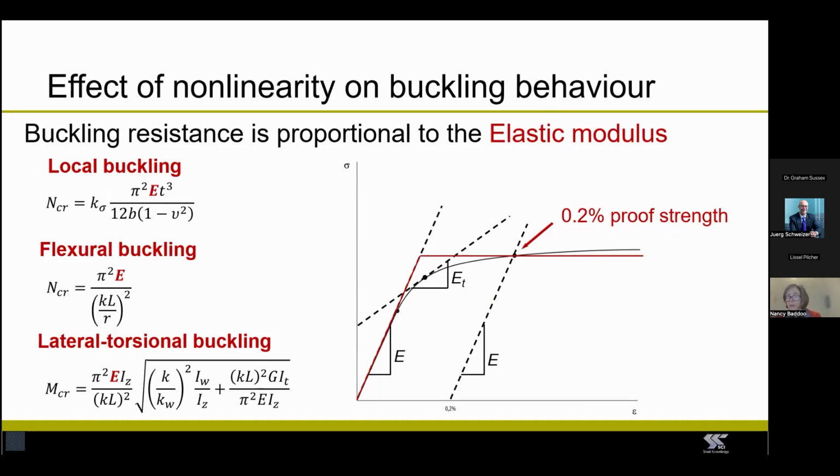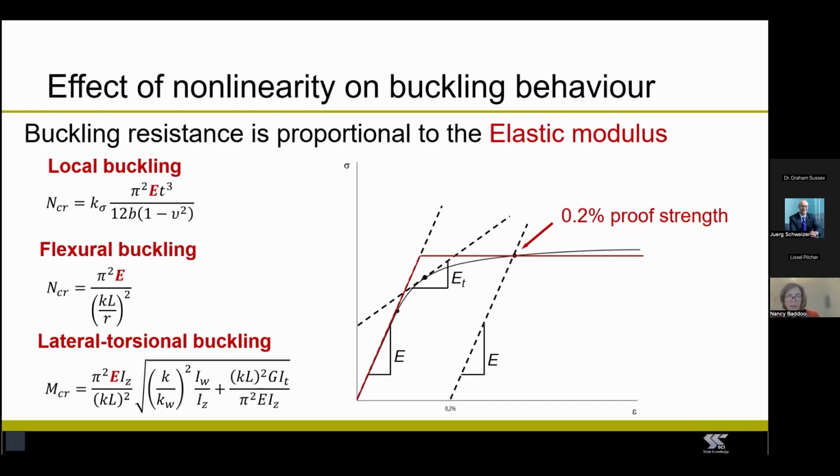If you look at any of the elastic buckling resistance formulas, you'll see that they have one thing in common. They're all proportional to E, the elastic modulus, whether it's local buckling of plates, column buckling, flexural torsional buckling, lateral torsional buckling, shear buckling, whatever.